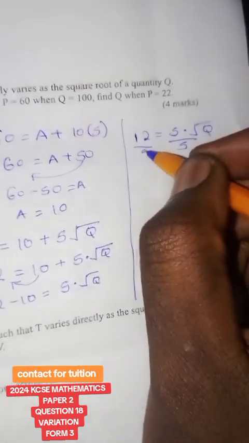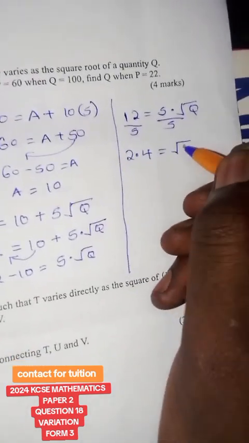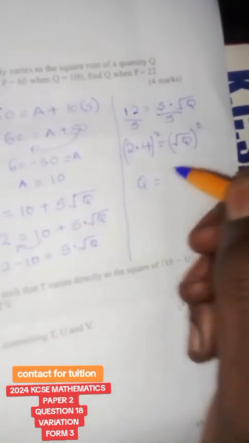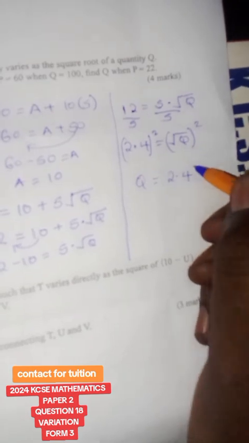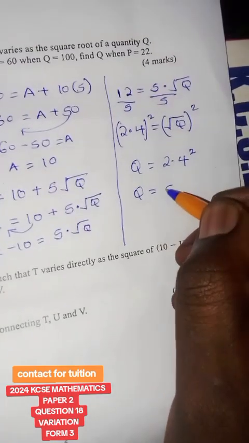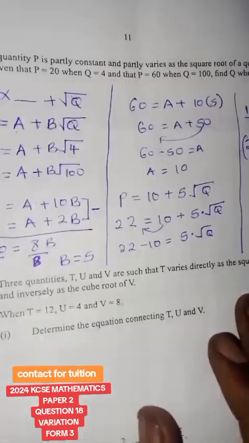Therefore, 2.4 is equal to the square root of Q. You square both sides so that Q is equal to the square of 2.4, which gives Q as 5.76. That is how we are supposed to do it to get 4 marks.